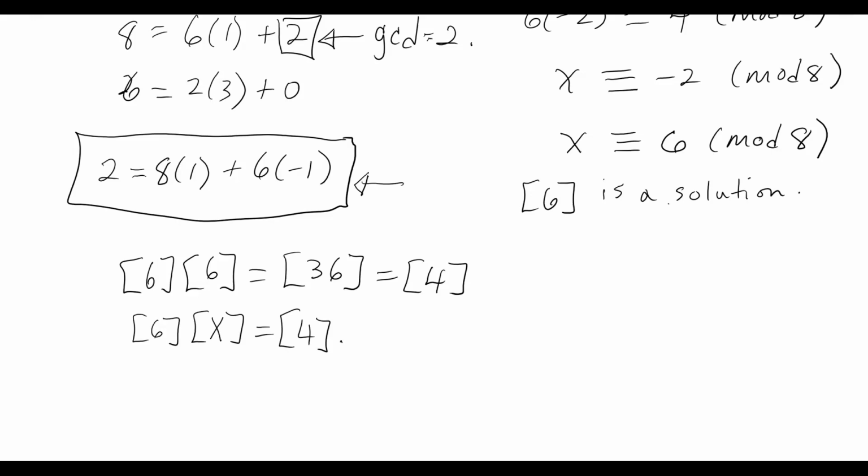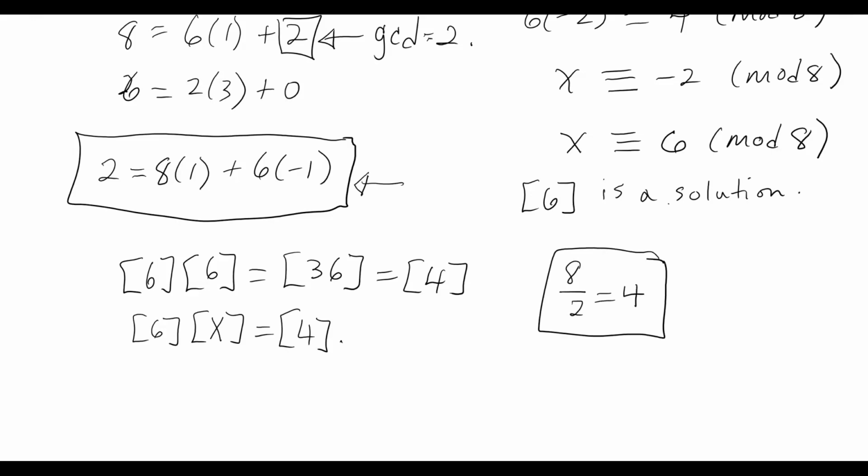Now, remember I said that there are two solutions. Even though they only asked us to find one, I want us to always be able to find both solutions, or all of the solutions. If I take our modulus 8 and divide it by our GCD 2, I get 4.